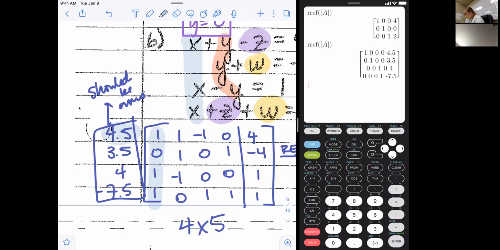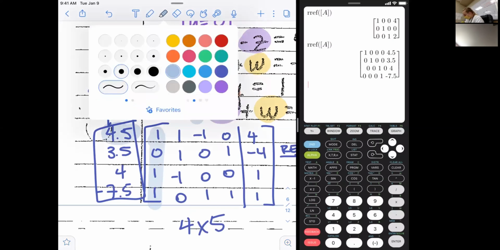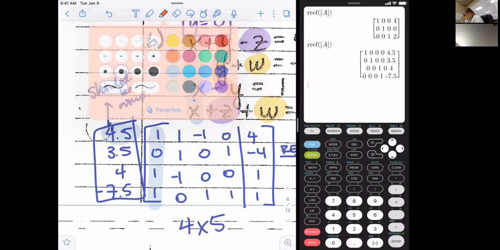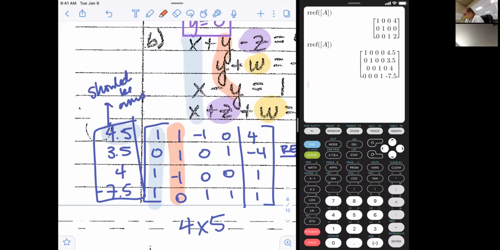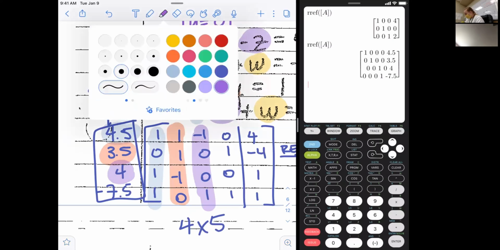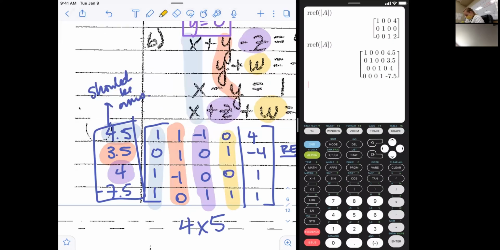Same thing all the way down. I don't know if I did a good job explaining this, which is why I'm doing it now. The second column is my y's, which is why the second row has a 1 in the second column, which I know is a y, and so on and so forth. So z is the third one, because it's the third column, and then w is the fourth one, because it's the fourth column. I hope I'm not being redundant, but I want to make sure that works.